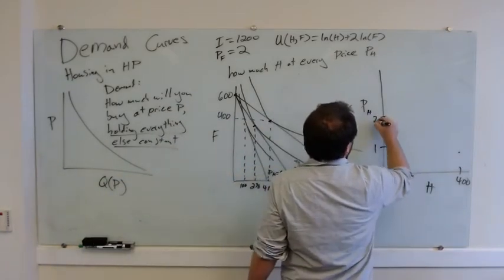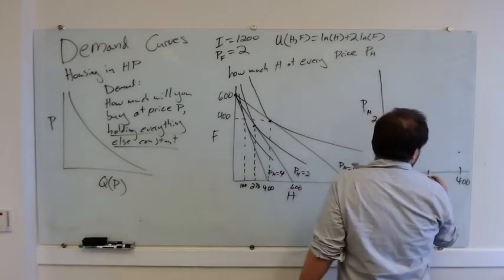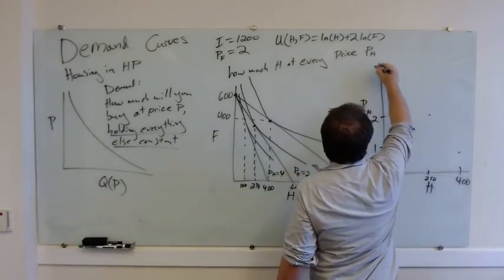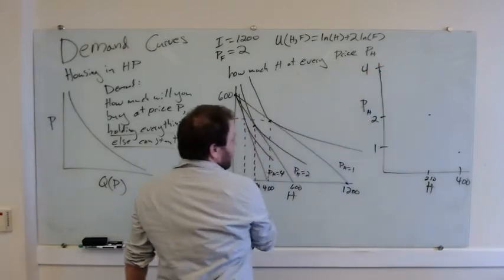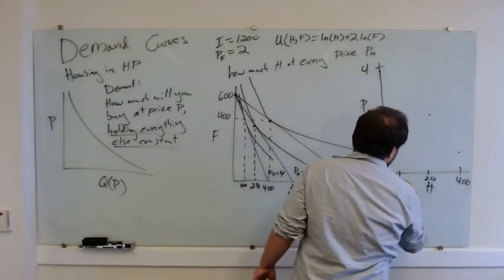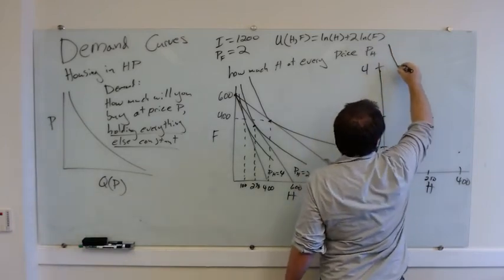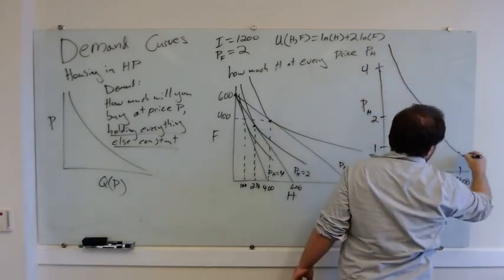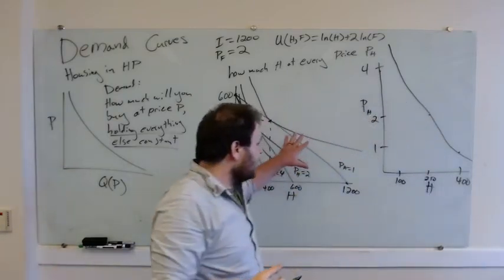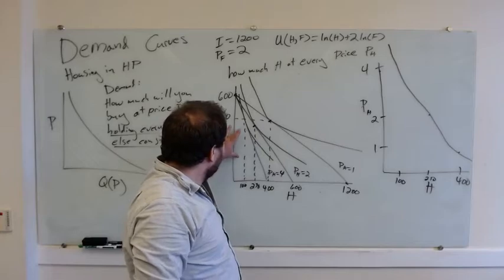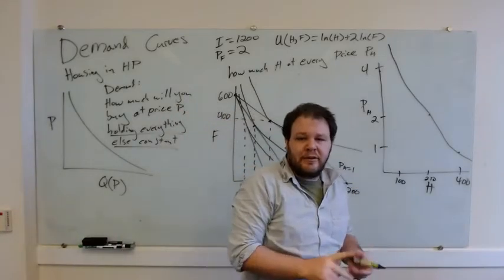So put a point on our graph, 2 and 250. When p was 4, h was 100. Put a point on our graph like this. If we solved enough optimization problems, we would be able to go from a picture that looks like this to a picture that looks like this.